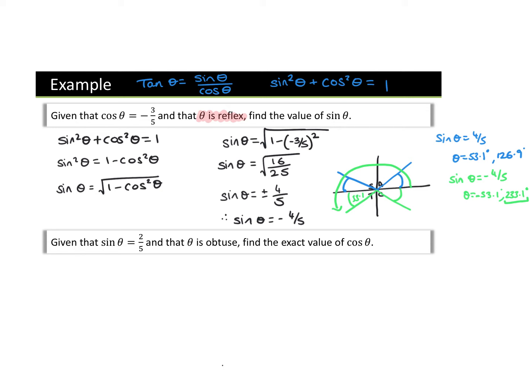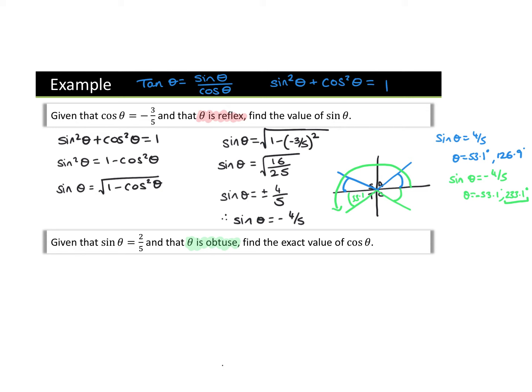Okay, part 2. It says, given that sine theta equals 2 over 5 and theta is obtuse. Okay, what does obtuse mean? More than 90 but less than 180, absolutely. Find the exact value of cos theta. So again, I have sine, I want cos.